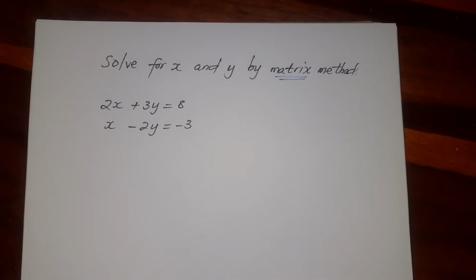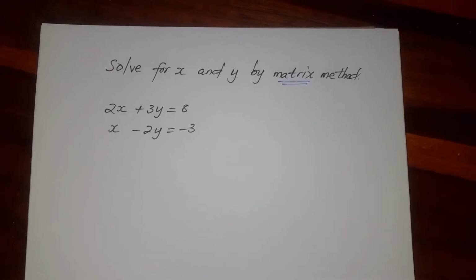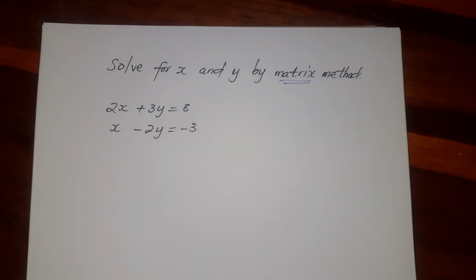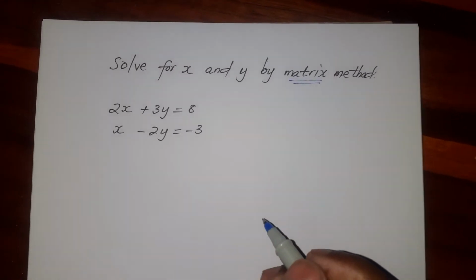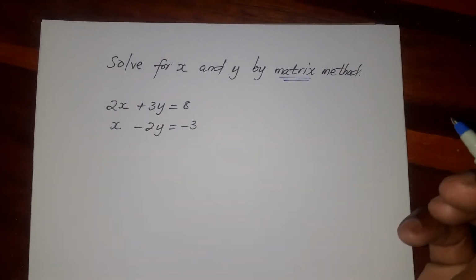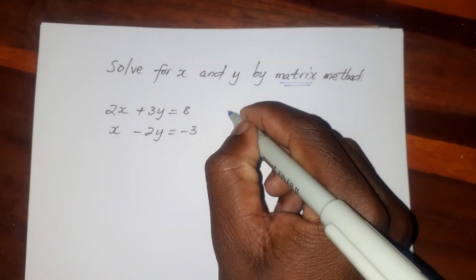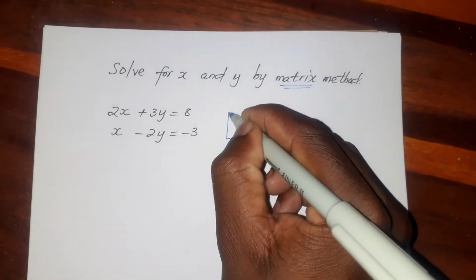Now, the matrix method, by definition, we need to use square brackets. Let me write my square bracket like this, first one.